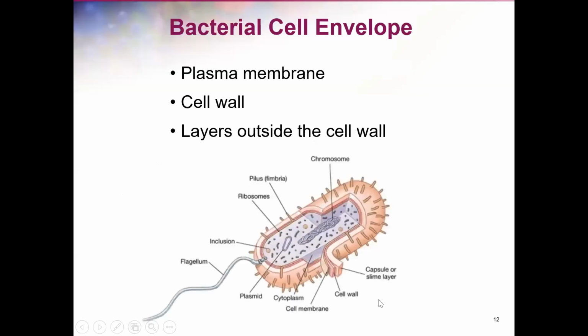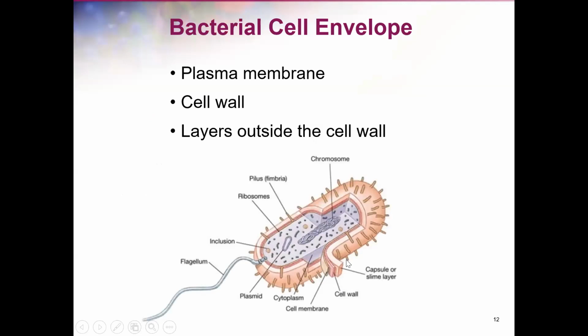Here, I think this is the better one. You can see really clearly the 3 layers of the so-called cell envelope. It includes the inner layer, which is the cell membrane, or plasma membrane. In between is the cell wall.